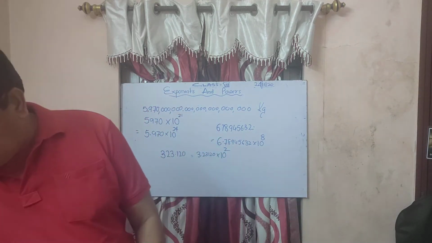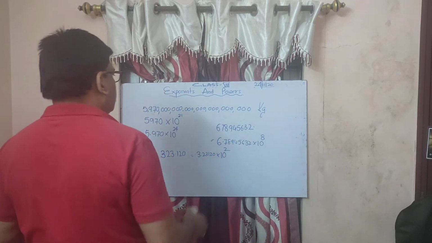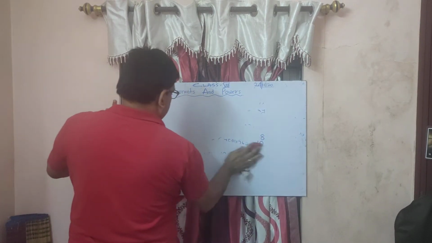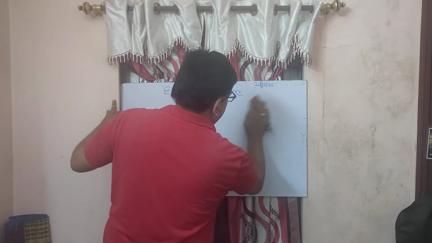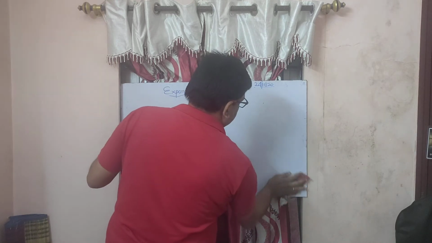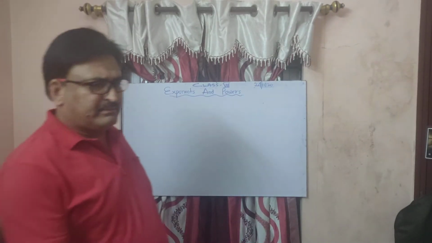So now you understood the basic meaning of exponents and powers and why we are learning this topic. Because when we move to the next classes, senior classes, we come across bigger numbers.